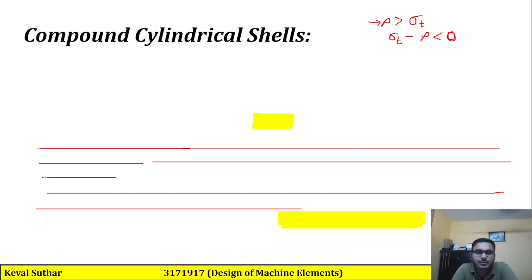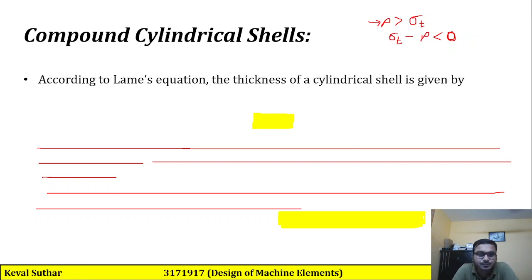So first of all we will revisit Lam's equation. The thickness of a cylindrical shell is given by this formula.